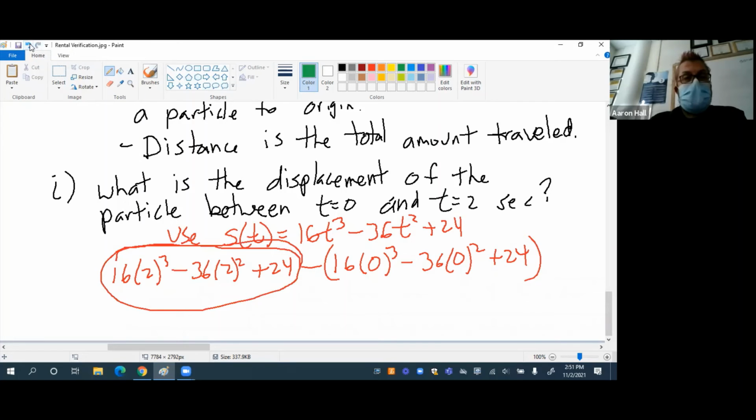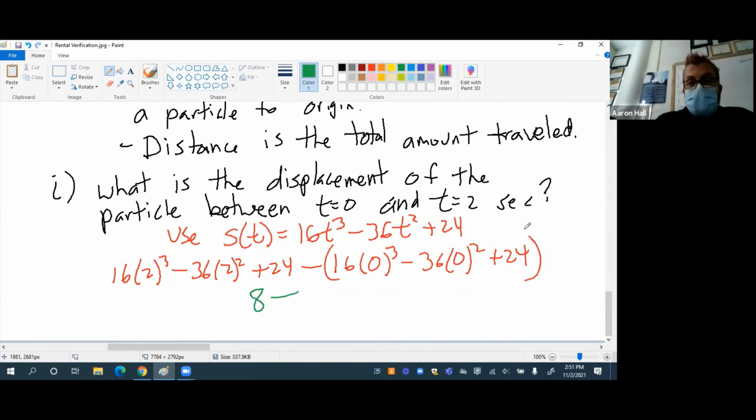Nobody has it? It is 8. Yep, it's 8. Minus what? What's all this? Yeah, it's 24. So what's my answer? Negative 16. Negative 16. What does that mean? Negative 16 what?